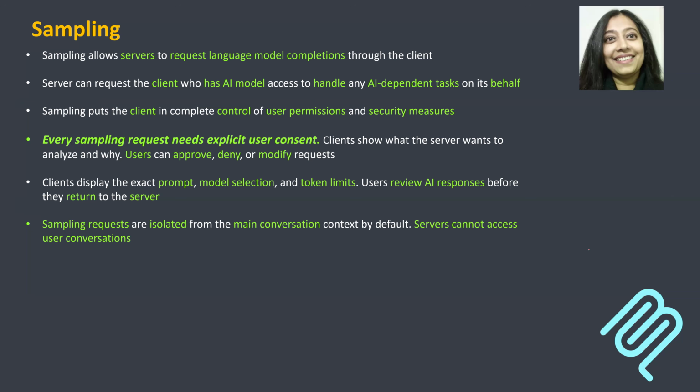So sampling allows servers to request language model completions through the client. So an MCP server can request a client who has an AI model to perform any AI-dependent task on its behalf. So the server can basically tell the client, can you handle this task and complete this task for me on my behalf?